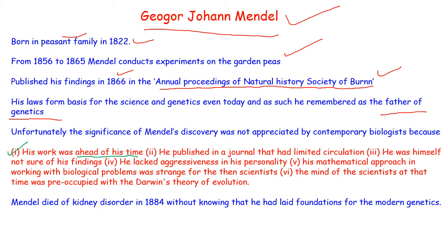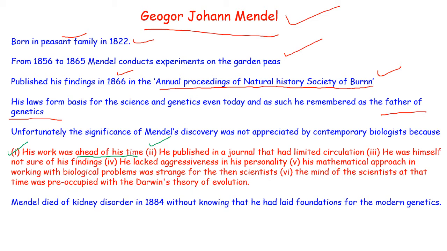Nobody had knowledge of genes at that time, and there was no concept of alleles. Second, he published in a journal which had very limited readership. Very few people actually read the Annual Proceedings of Natural History Society of Bern at that time.